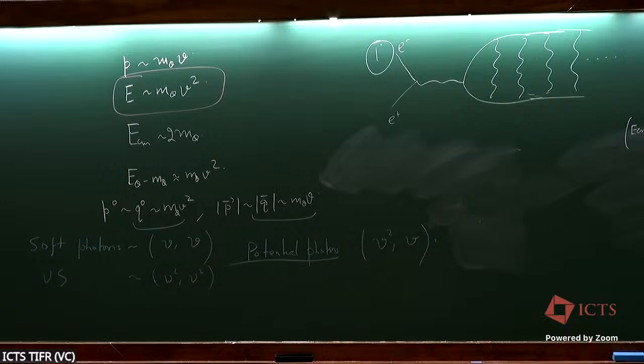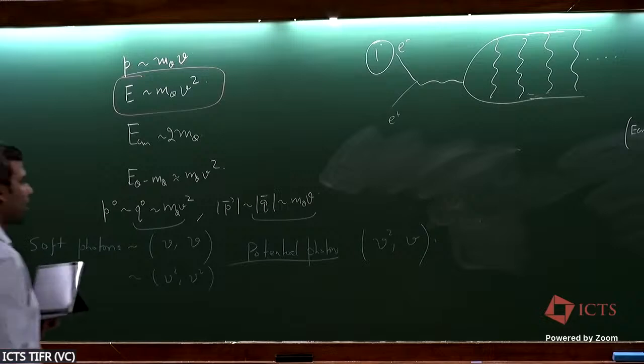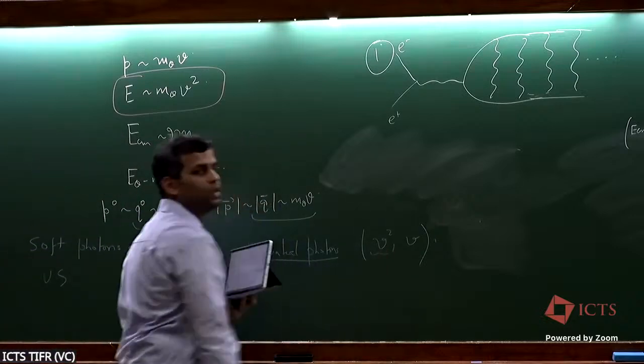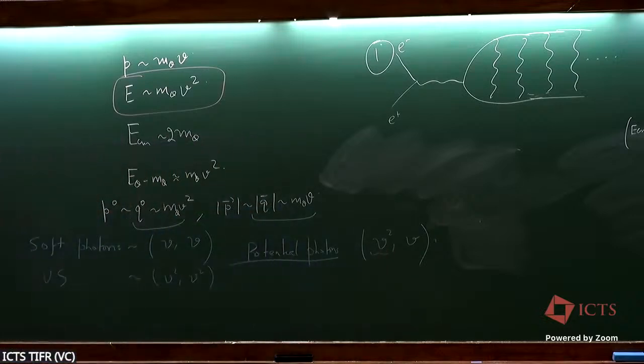In my EFT, which is at MV square, there would be ultra soft photons. In order to get the bound state, I have to integrate out the momentum associated with the heavy quark, which is MV, and also energy, which means in some ways introducing this MV square term.